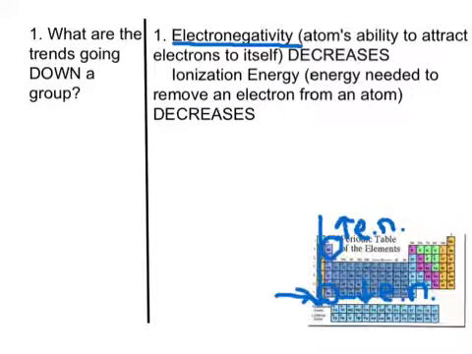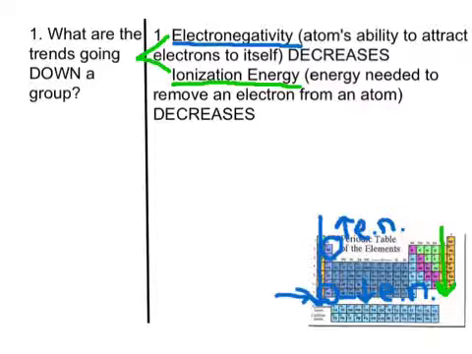The next trend we're going to talk about is ionization energy. Electronegativity and ionization energy go hand in hand, because ionization energy is the energy needed to remove an electron from an atom. As we go down a group, the ionization energy is also going to decrease, meaning it's going to take less energy to take an electron away from an atom.